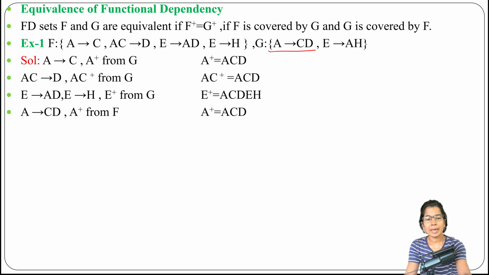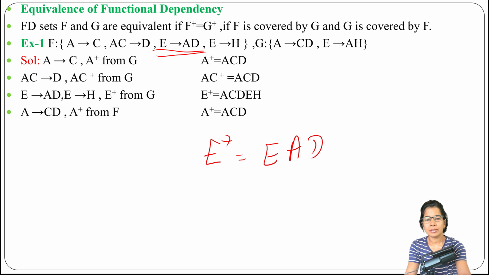Next we need to check A implies CD from F. So A positive closure will be AC, then from AC, D. CD is on the right side, hence this holds. Next E derives AH from F. E positive closure from F will be EAD.